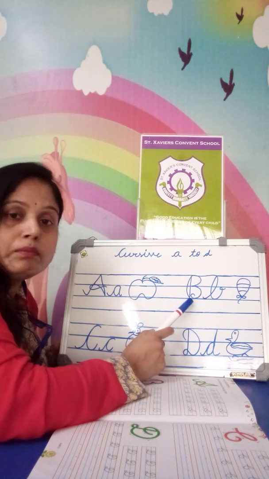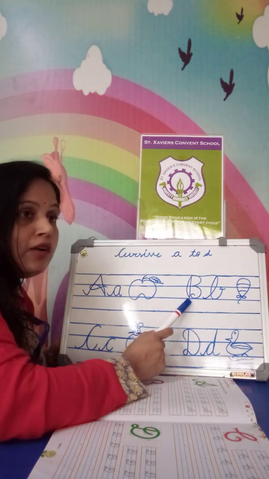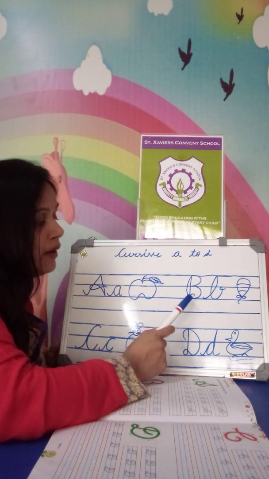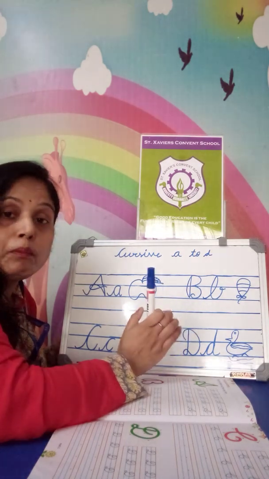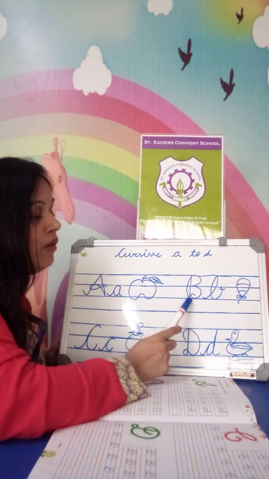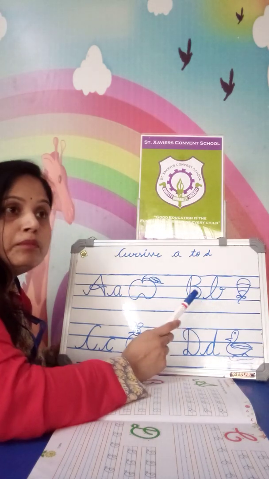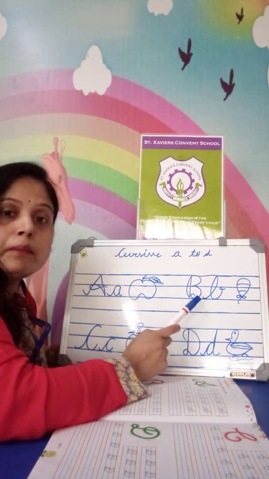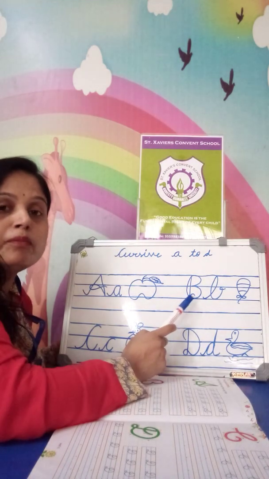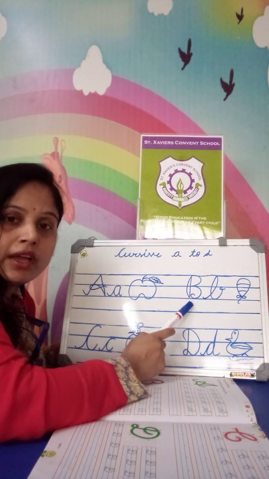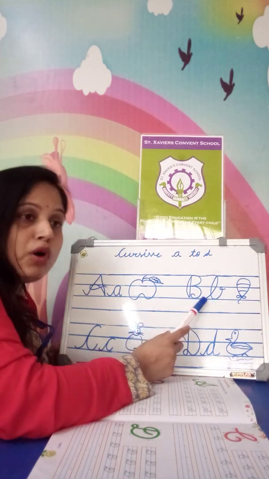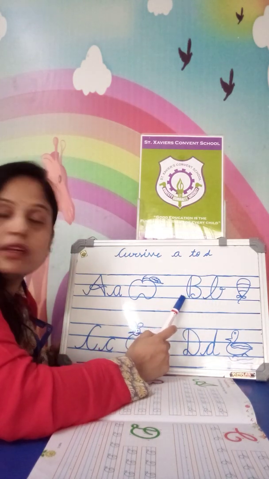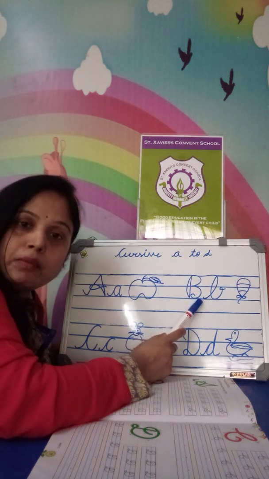Like B for ball. Ba. B for bat. B for bird. B sounds balloon. Okay. So capital B, small b.